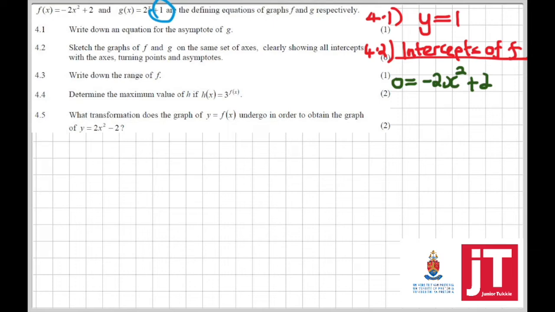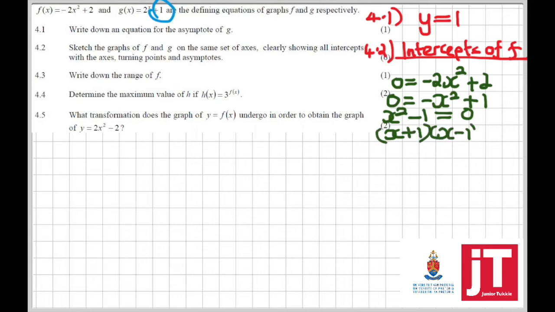If we divide by 2, we get 0 is equal to negative x squared plus 1. Taking everything to the left-hand side, x squared minus 1 is equal to 0. Factorizing, we get (x plus 1)(x minus 1) is equal to 0. Therefore, x is equal to 1 or x is equal to minus 1.